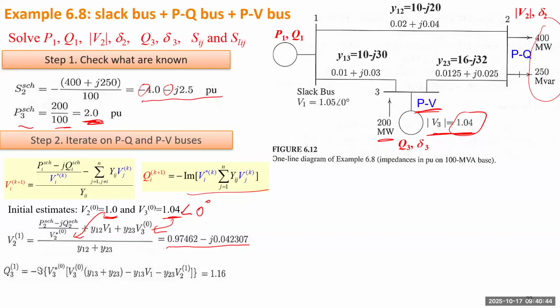You see here, it also utilizes the more accurate value instead of the initial estimate. This is just an alternative strategy. If you want to use the initial estimate of V2, that's also fine. But since this value is more accurate than the initial value, we just take the more accurate value.